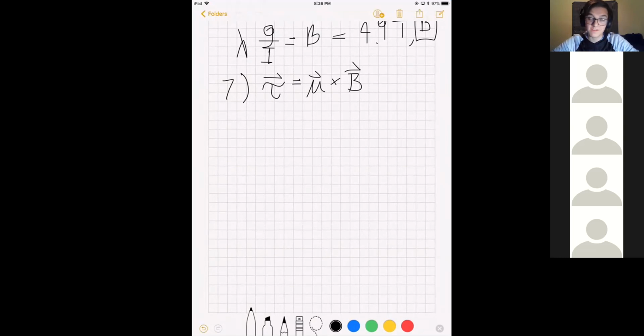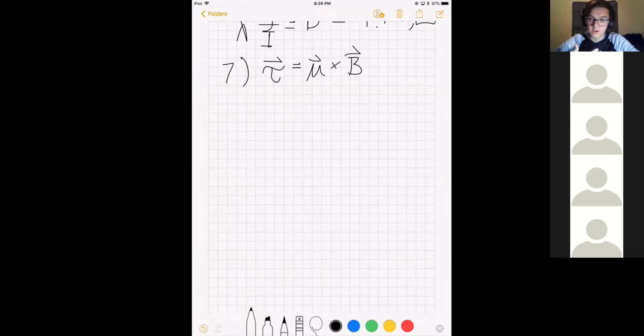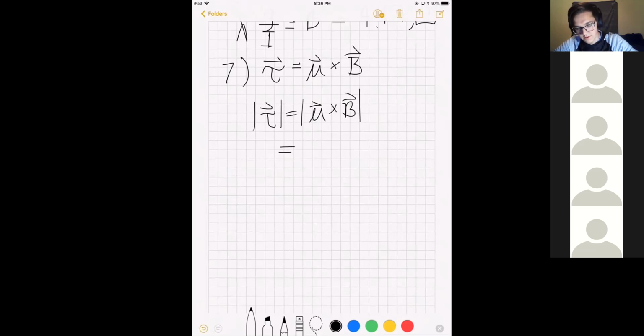Mu represents the magnetic moment, B is the B field, and the torque is just mu crossed into B. We want the magnitude, so I'll take the magnitude of both sides. The magnitude of tau is the magnitude of mu cross B, and there's a nice identity: it's the magnitude of mu times the magnitude of B times the sine of the angle between them.